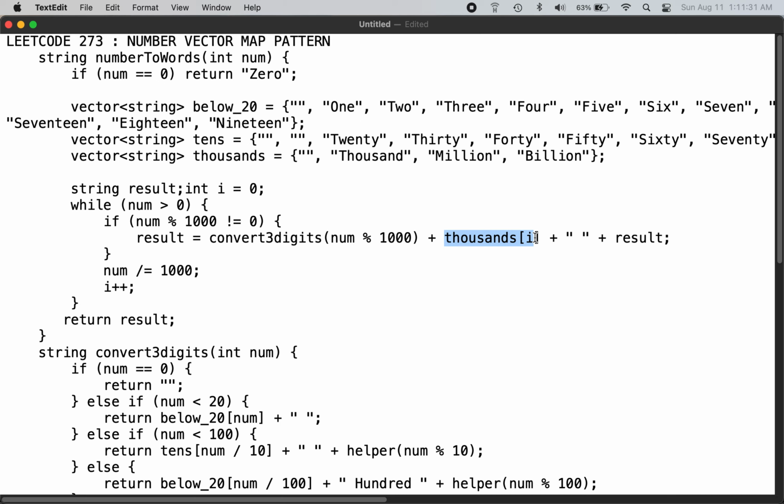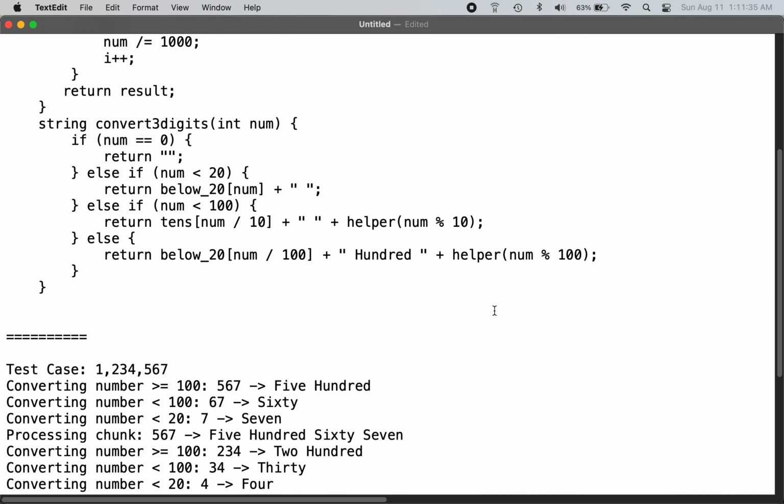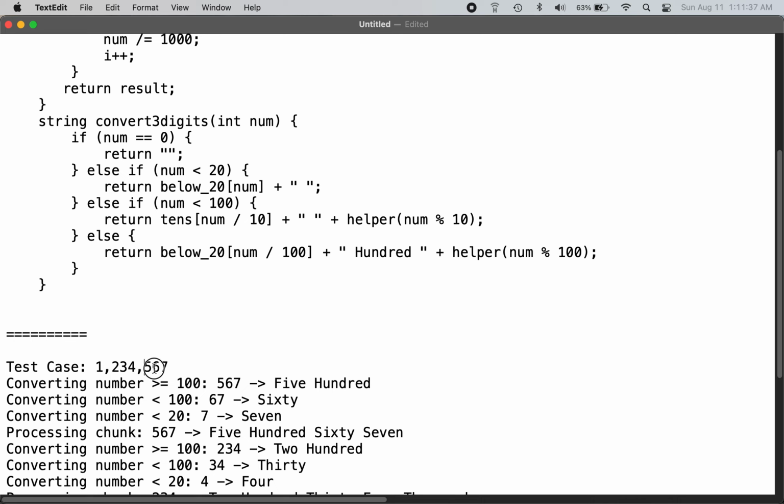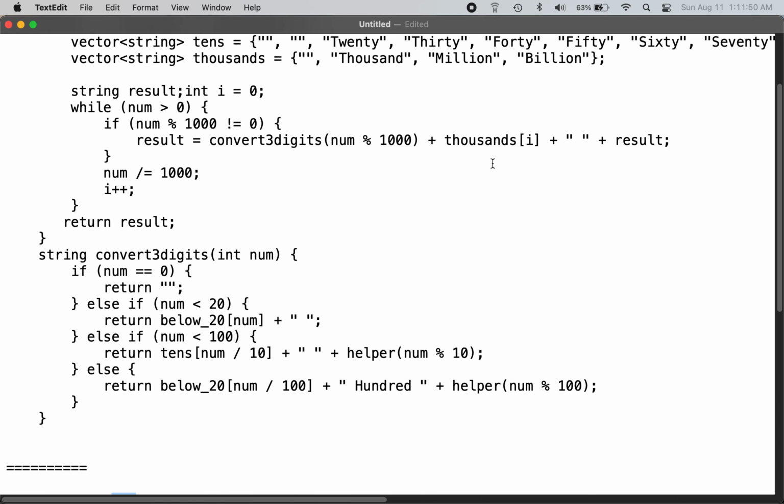Next time it comes 234, let me show you there. For 567, the thousands index is 0, and for 234 it is 1000, so it becomes 234,567. That's why you chunk into three digits and keep dividing the number by 1000.